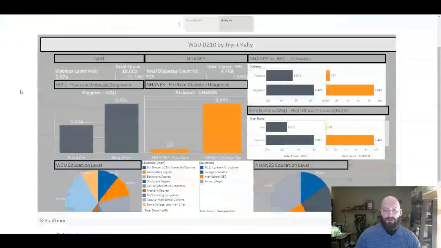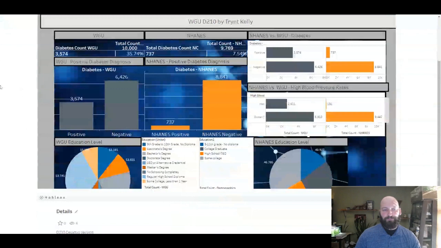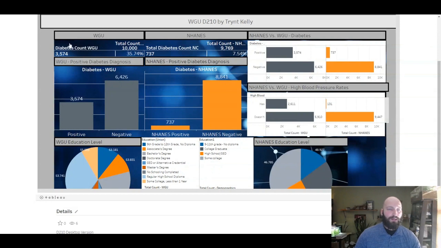And for the analysis part, this is my dashboard. The first metric we'll go over is diabetes. We have a percentage. This is one of the calculations that I utilized just so we could see a different representation from the bar chart. We can see that roughly 35% of responses are positive.